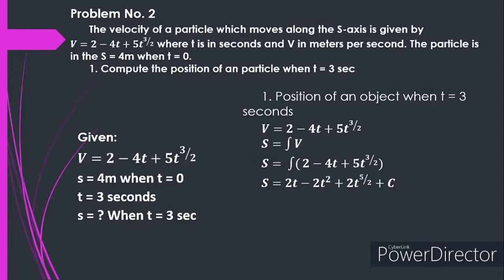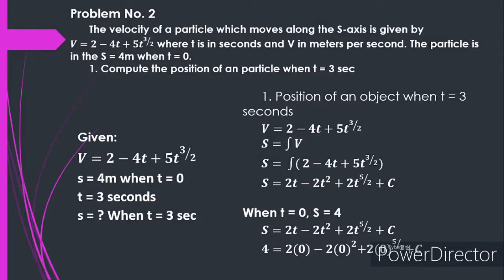But, sabi ng problem, ang distance daw ay 4 meters kung ang time ay 0. So, class, makukuha natin yung value ng c. Ano ba si c? So, ngayon, direct substitution, s daw ay 4 when t is equals to 0. Okay? Direct substitute, c is equals to 4.